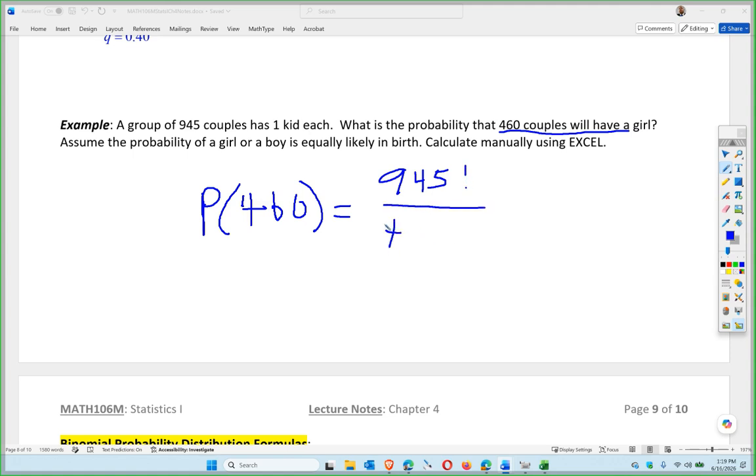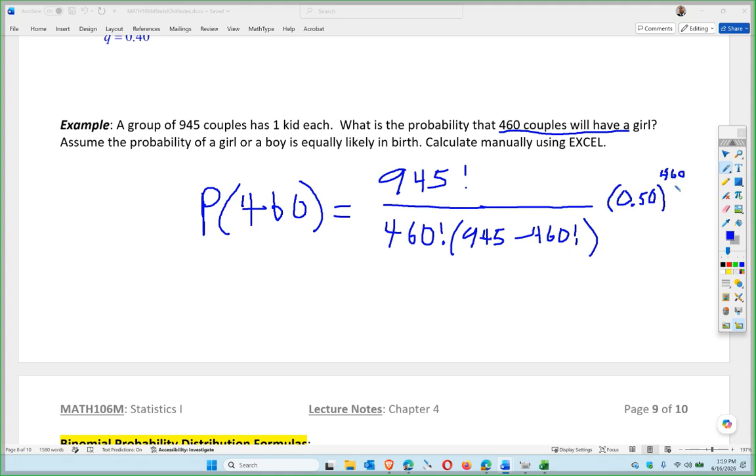So 460 factorial, and then 945 minus 460 factorial, right? There's that. So we'll assume it's 50-50. It's not really 50-50. It's slightly more chance of a girl, you know. Just the way it is.